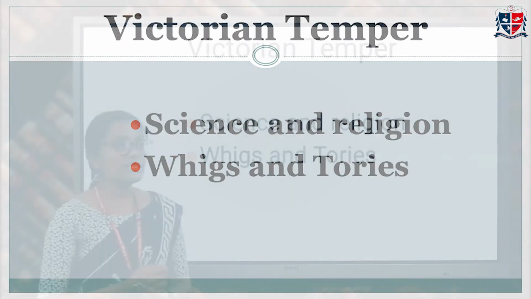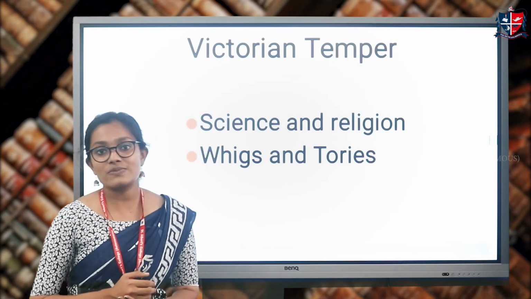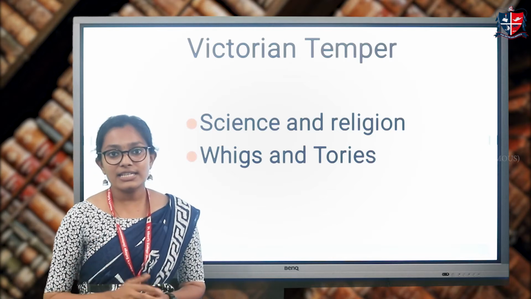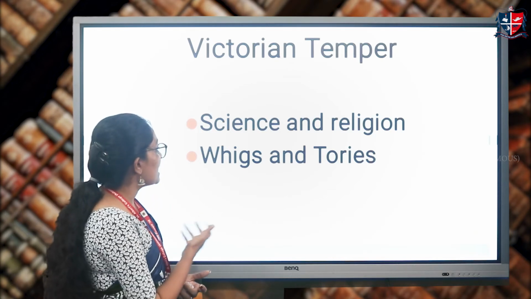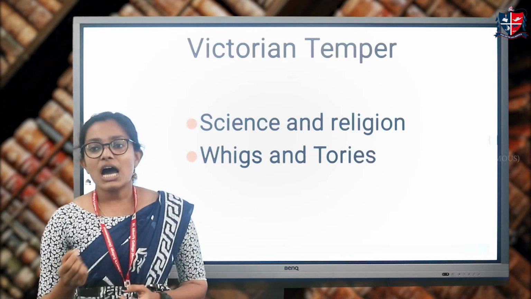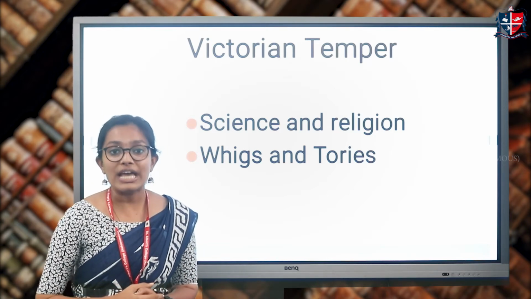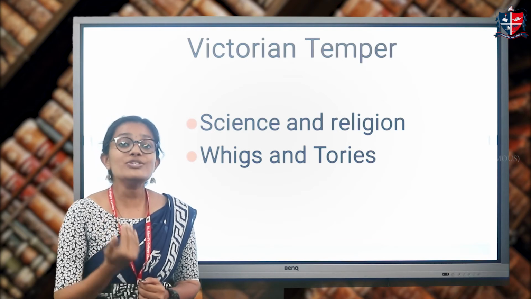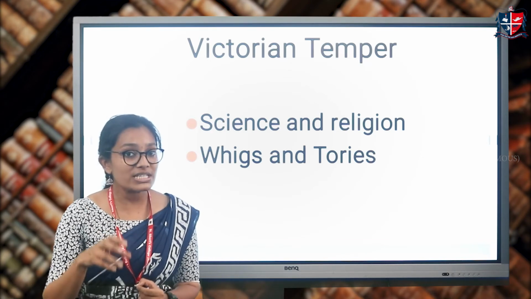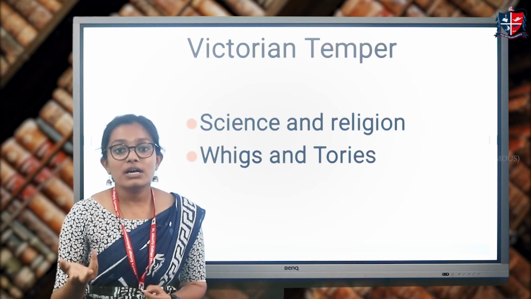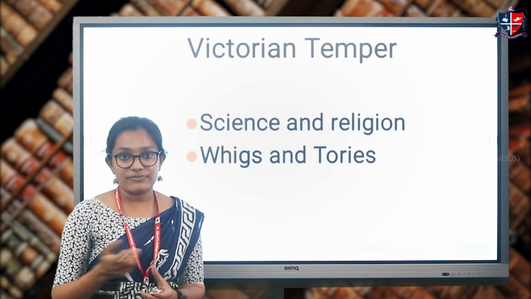Then about the Victorian temper. Victorian temper is all about the attitude of ideologies during this Victorian era, because at that time many dichotomies or multiple attitudes were there, like science and religion. Until Charles Darwin published his work on evolution, everyone used to believe that every human was born out of Adam and Eve, which is a part of biblical belief.